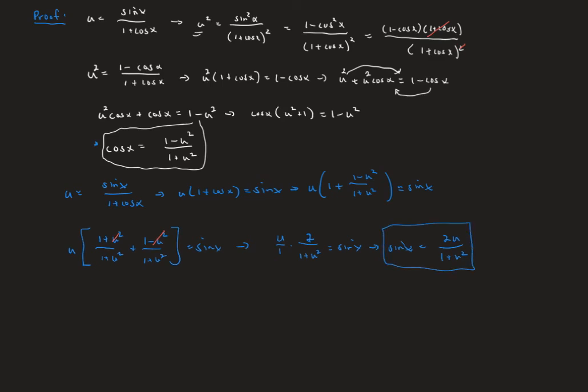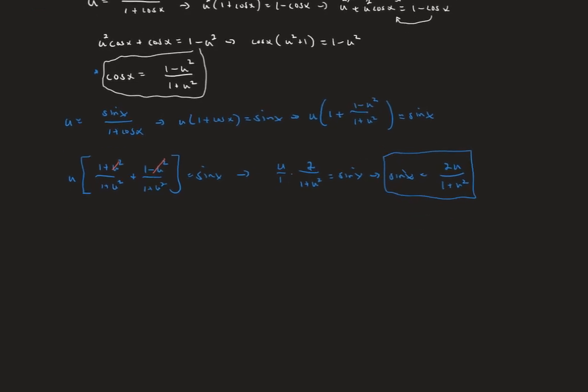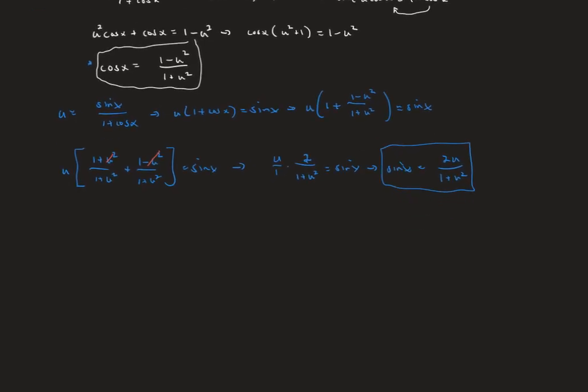And the last one is we're going to try to show, since we're running out of room here, I'm going to rewrite it here, that our dx is going to be 2 du over 1 plus u squared. So here we said we're going to use our tangent of x over 2 substitution.